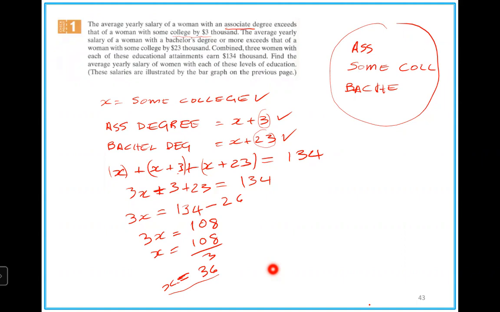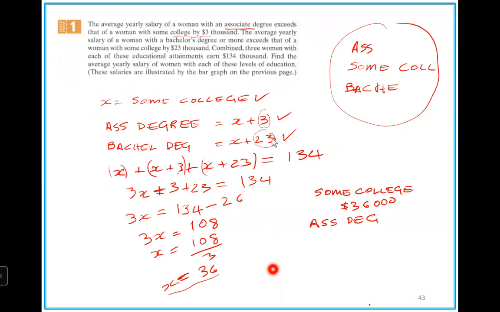So some college, I mean, we should write a sentence, but I'm just going to be brief here, would be 36,000. Then the associate degree would be what? What do we have up here?